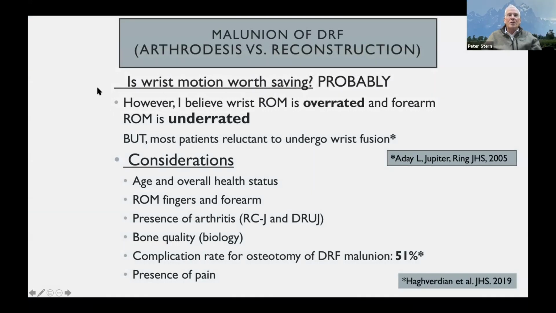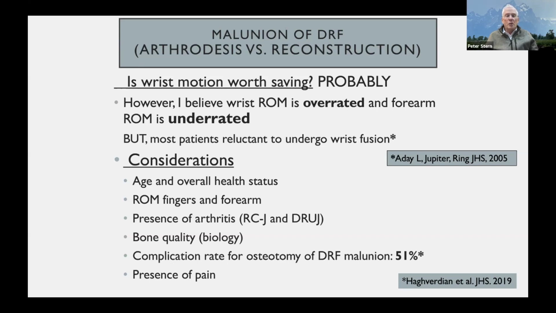Yeah, thanks. So first, I'll start off with an inflammatory statement. Is wrist motion worth saving? My response is probably. However, I believe wrist range of motion is overrated, and I think the two most important motions in the upper extremity are forearm range of motion, pronation and supination, and finger range of motion.